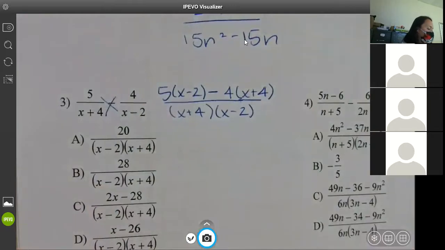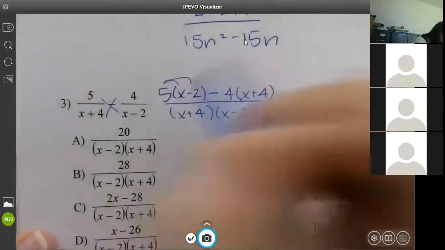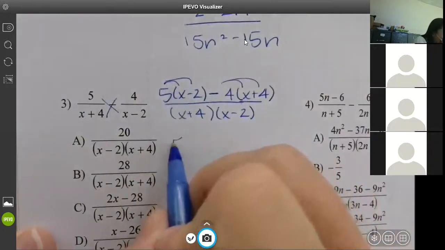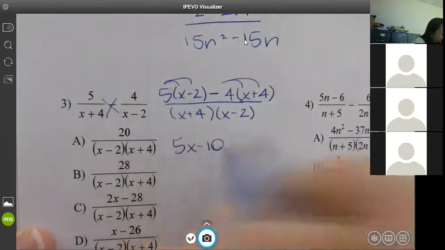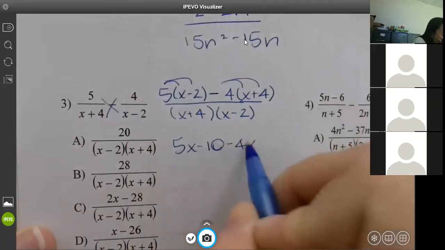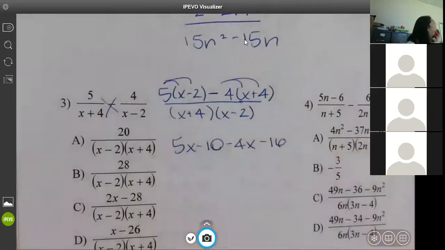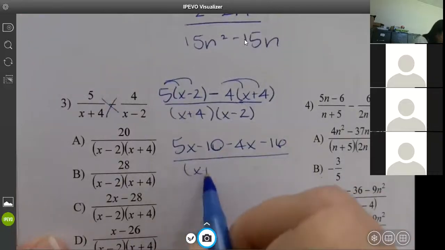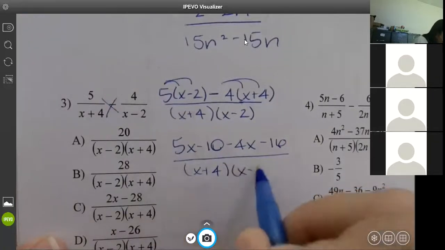All right. On the top, what am I going to have? Keep going. Minus 16. Make sure you distribute that -4. On the bottom, still x plus 4, x minus 2.